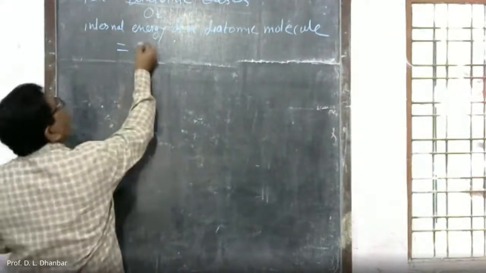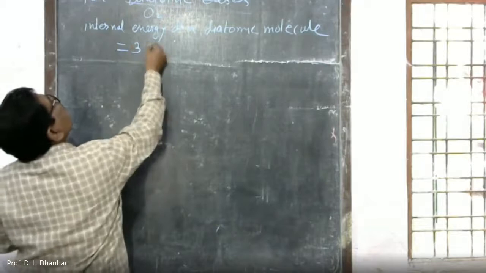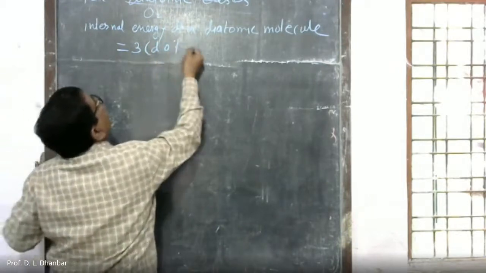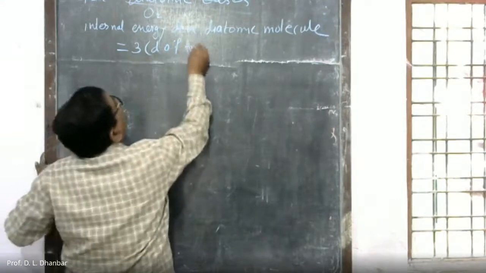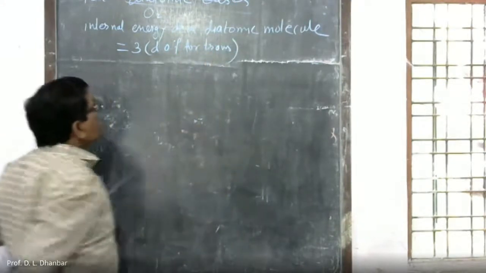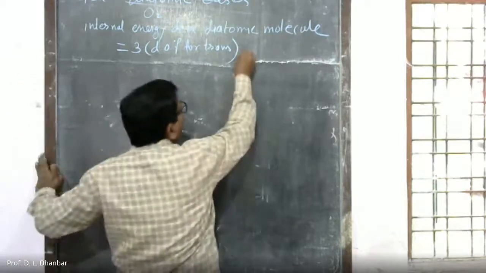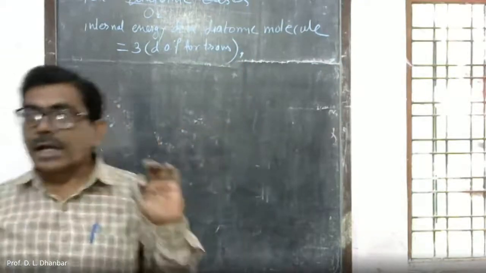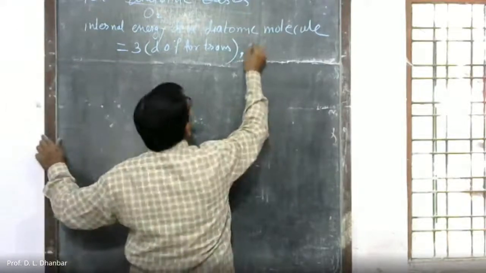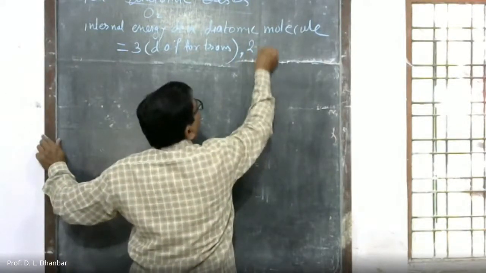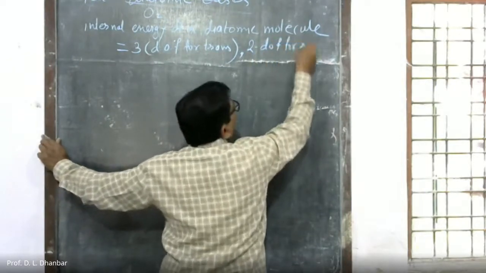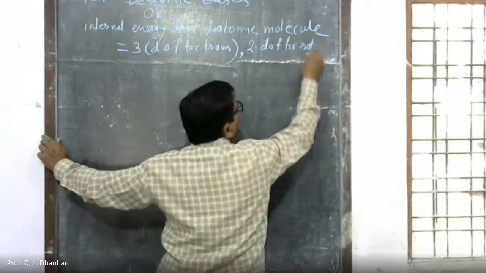3 degrees of freedom for translational motion. Then there are 2 degrees of freedom for rotational motion.